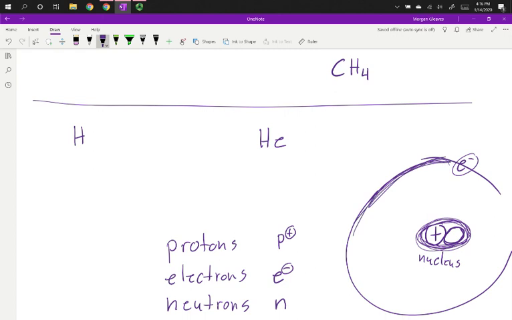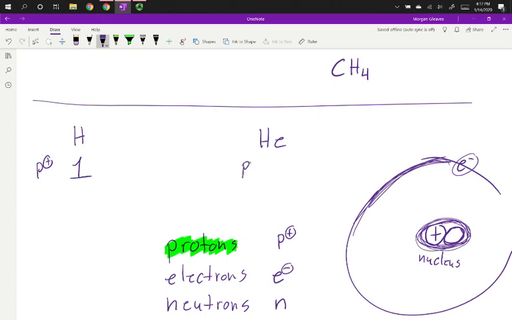Well, depending on your mix of protons, neutrons, and electrons, you have different types of atoms. So let's talk about what any of those changes mean. First and foremost, protons define the atom. If I go to hydrogen and look at its number of protons, well, it's 1.